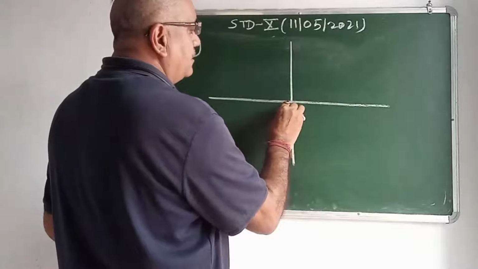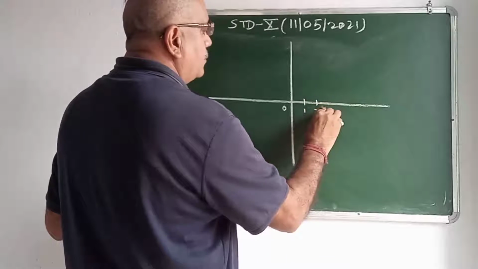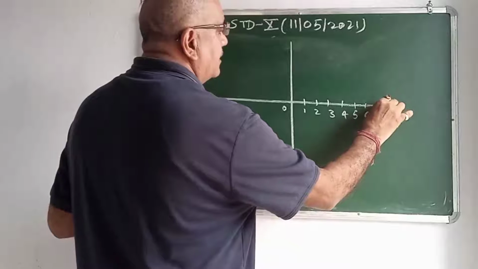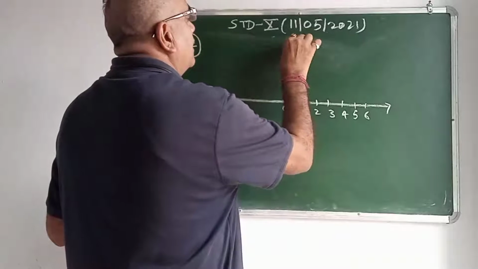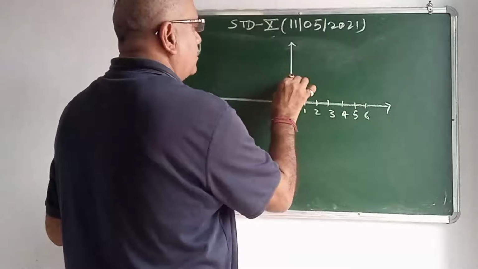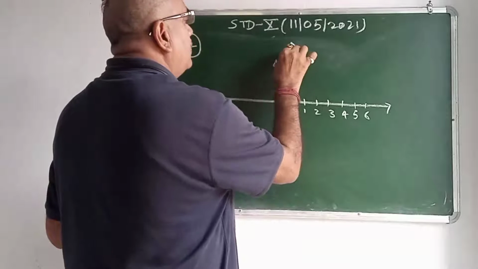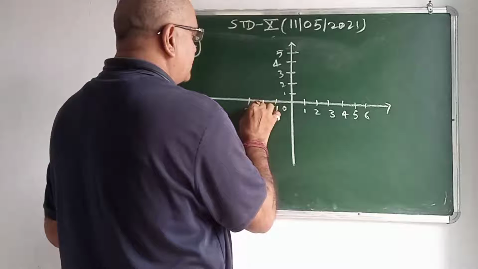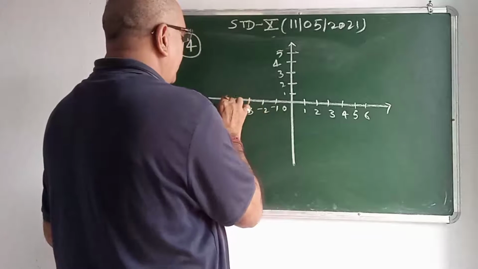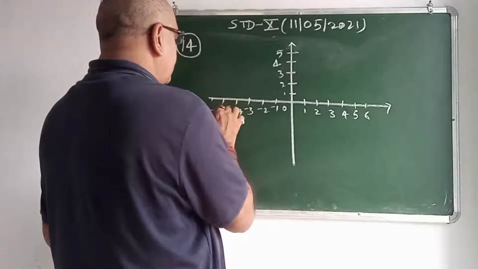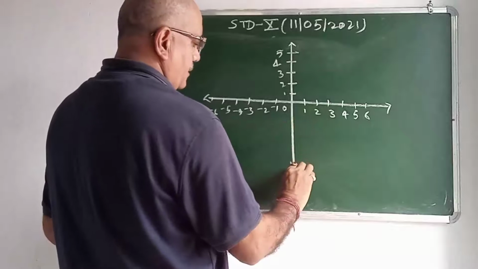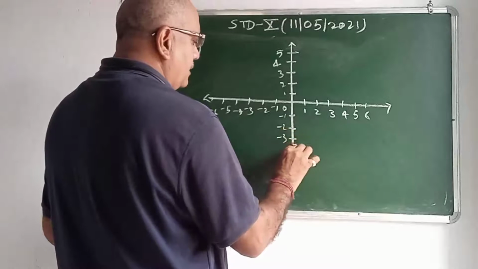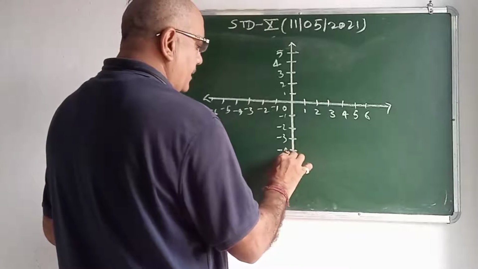This is the origin. 1, 2, 3, 4, 5, 6. 1, 2, 3, 4, 5. -1, -2, -3, -4, -5, -6. -1, -2, -3, -4, -5.